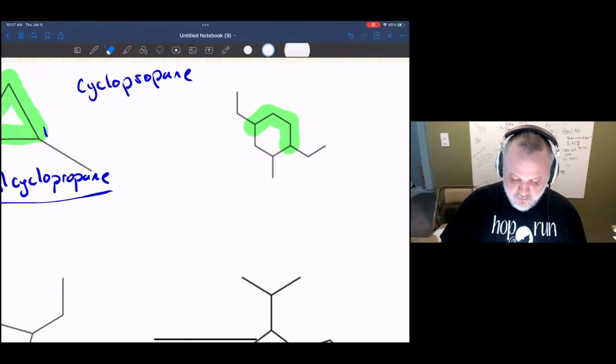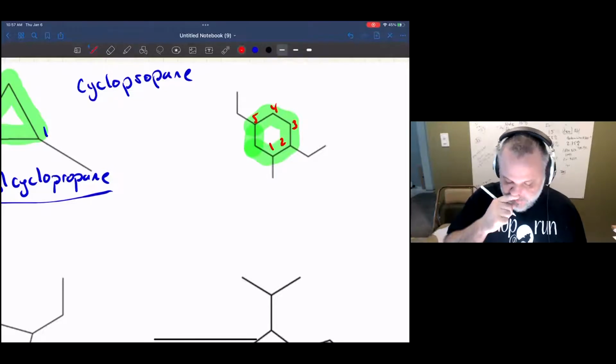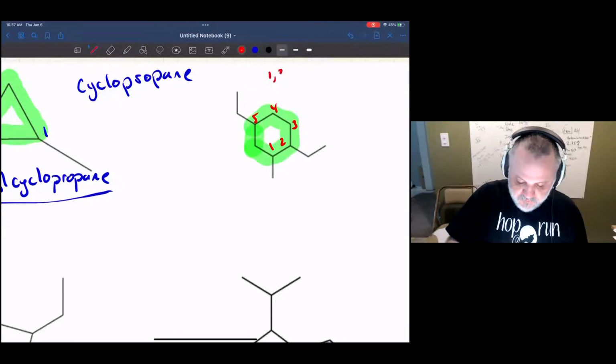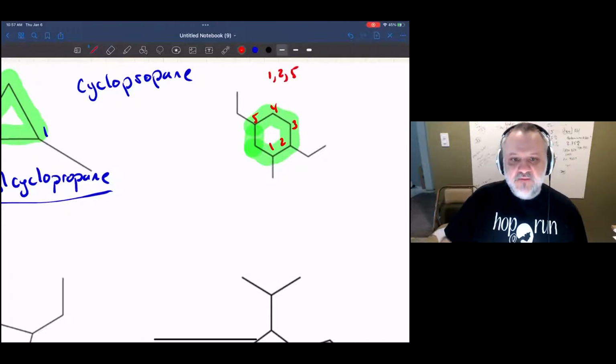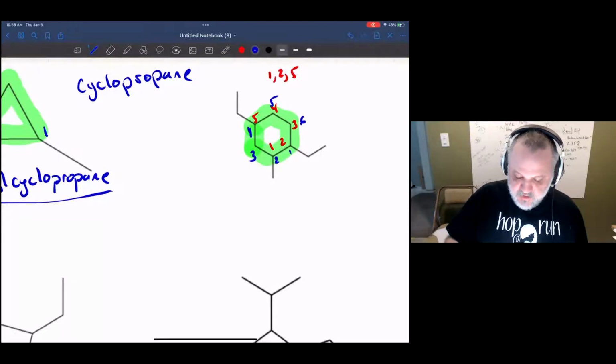So I could do this 1, 2, 3, 4, 5, in which case I would have a 1, 2, 5 set of substituents, or I could go 1, 2, 3, 4, 5, 6 this way, in which case I would have a set of 1, 2, 4.